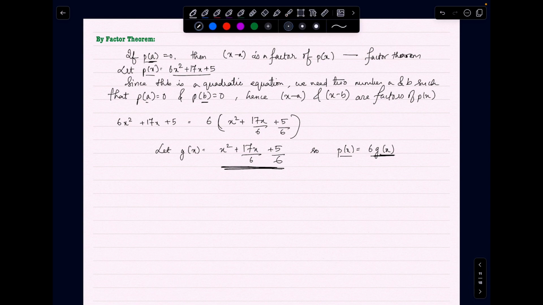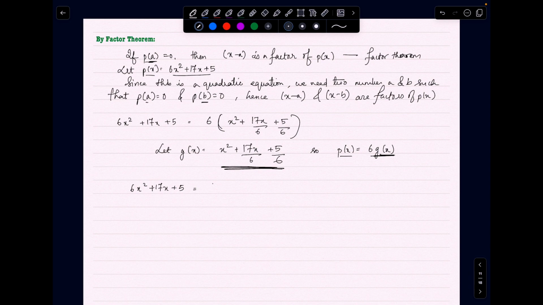See, I have written here that A and B are two numbers such that P of A equals 0 and P of B equals 0, and so x minus A and x minus B are factors of P of x. So here I want 6x square plus 17x plus 5.